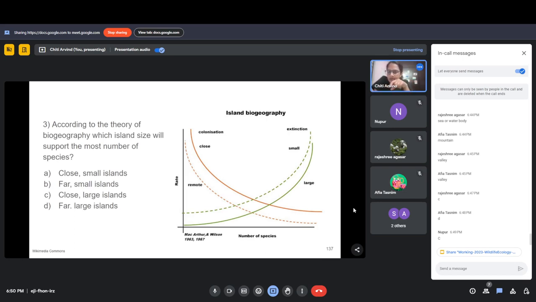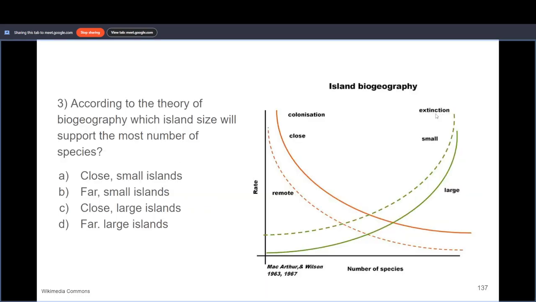Then you have rate on the y-axis, which is basically rate of extinction, which you see out here in the dotted line, and you have rate of colonization, right? So you have rate of extinction and colonization, the number of species, and then you have large islands, small islands, which is size, and then you have close islands and remote islands, right?